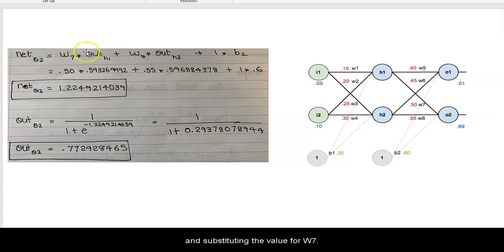Substituting the value for W7, which is 0.50, and then out H1, which we have already calculated while we were doing the hidden node, plus W8, which is 0.55, into out H2 plus 1 into B2, which is 0.6. So you get the net O2 value, pass it through the sigmoid activation function in order to get your out O2.